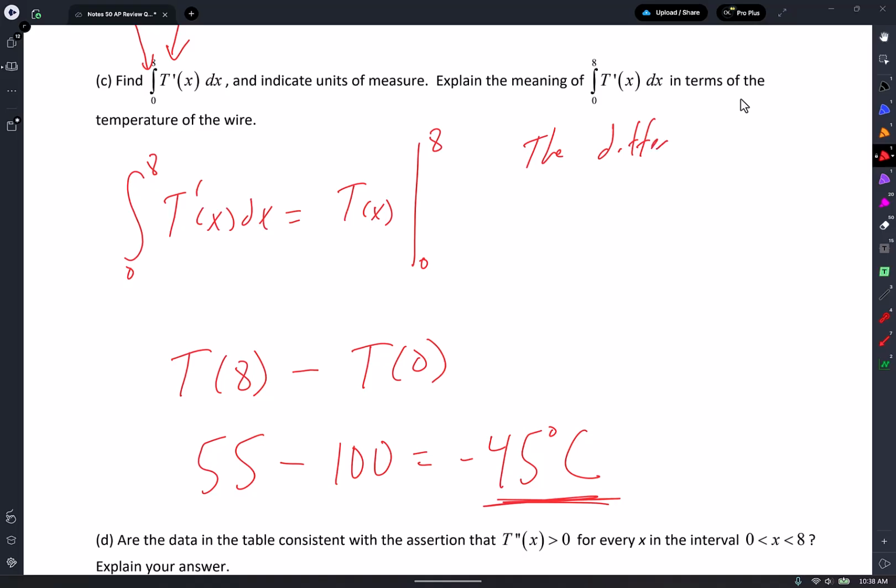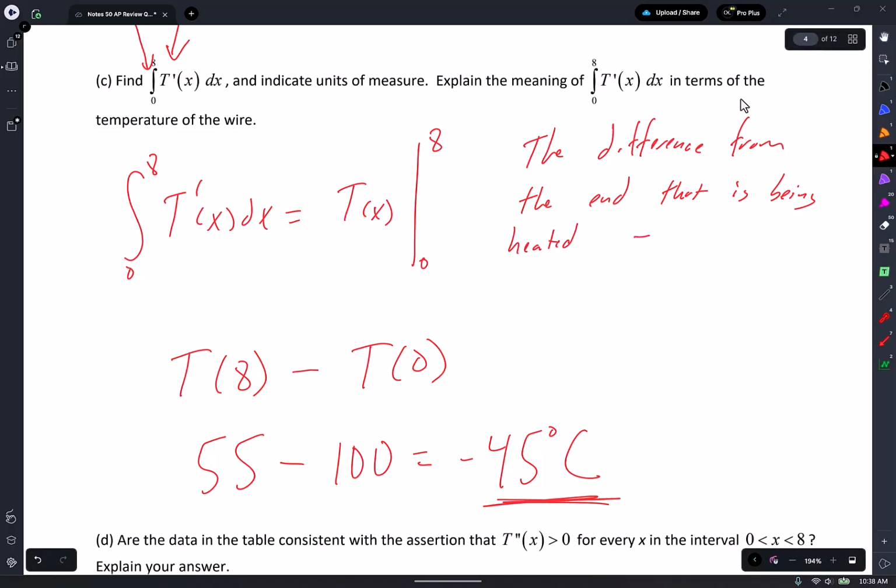The difference from the end that is being heated and the other end is 45 degrees cooler.